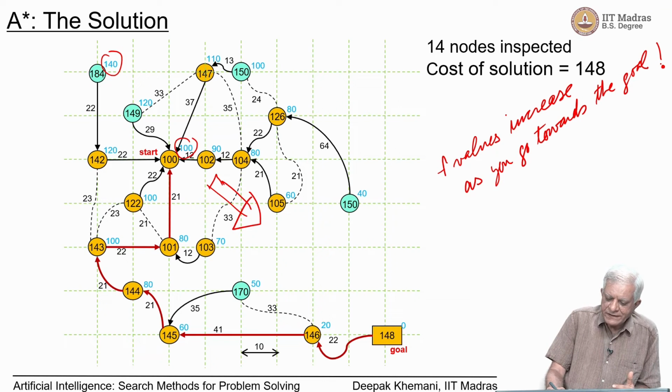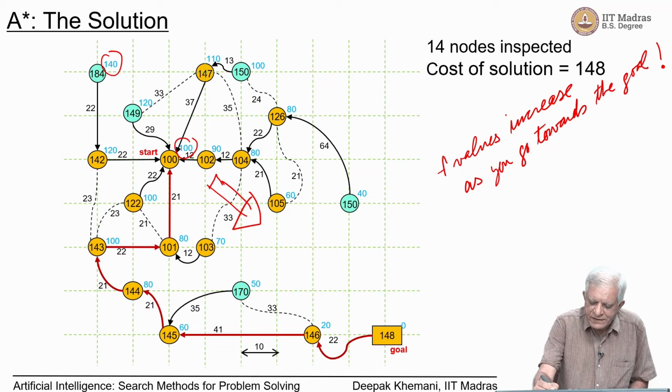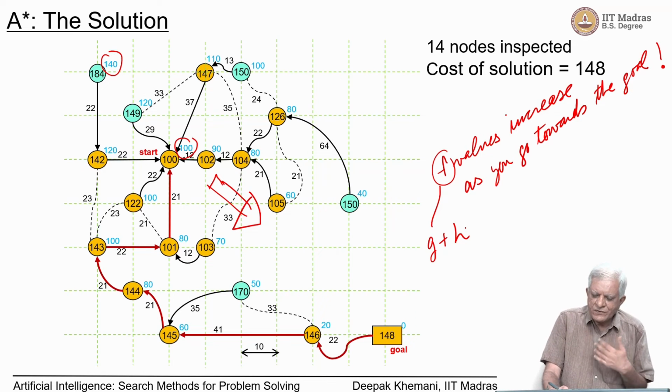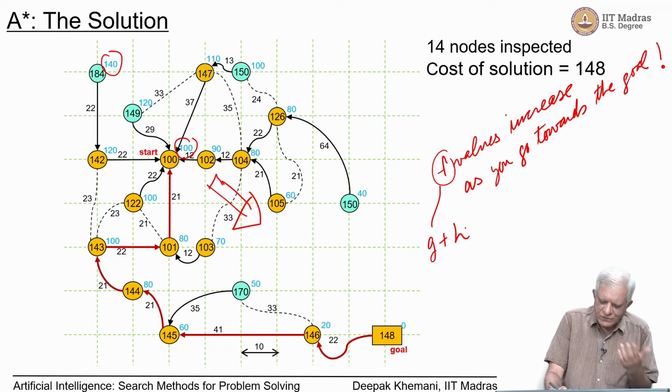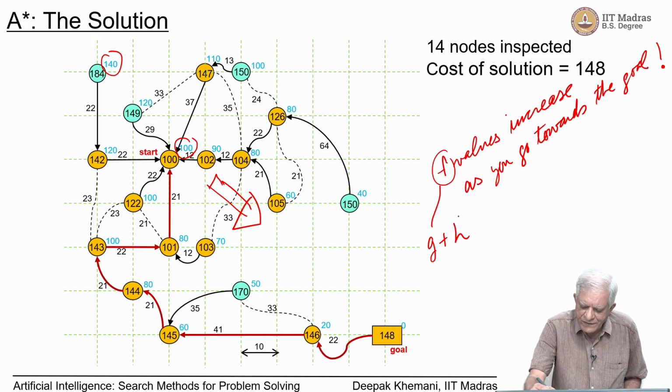The reason is that this f value is g plus h. While g of course increases as you go away from the source node, h is decreasing as you go towards a goal node. But the contribution of h to f keeps decreasing as you go towards a goal node, and it was the heuristic function which was underestimating the distance to the goal. So, remember that this h of n is less than or equal to h star of n.